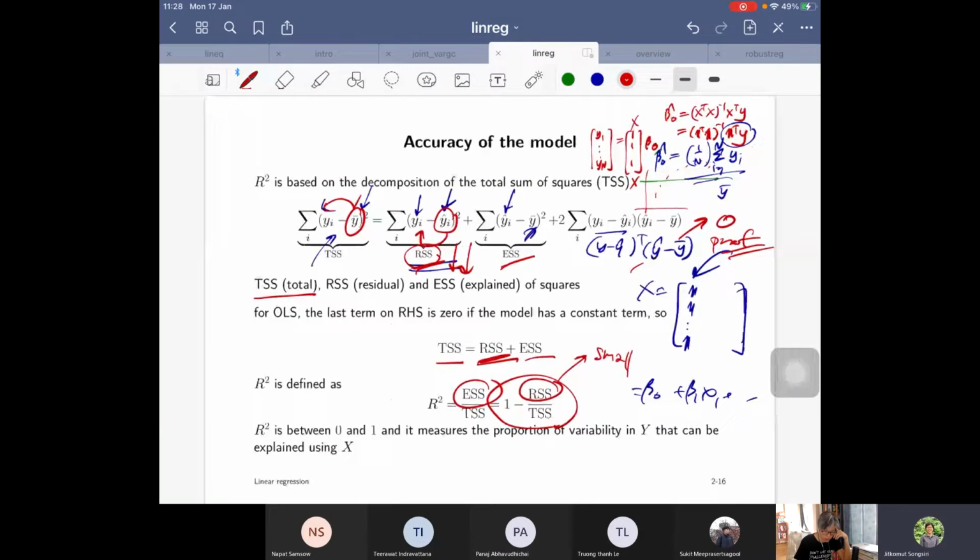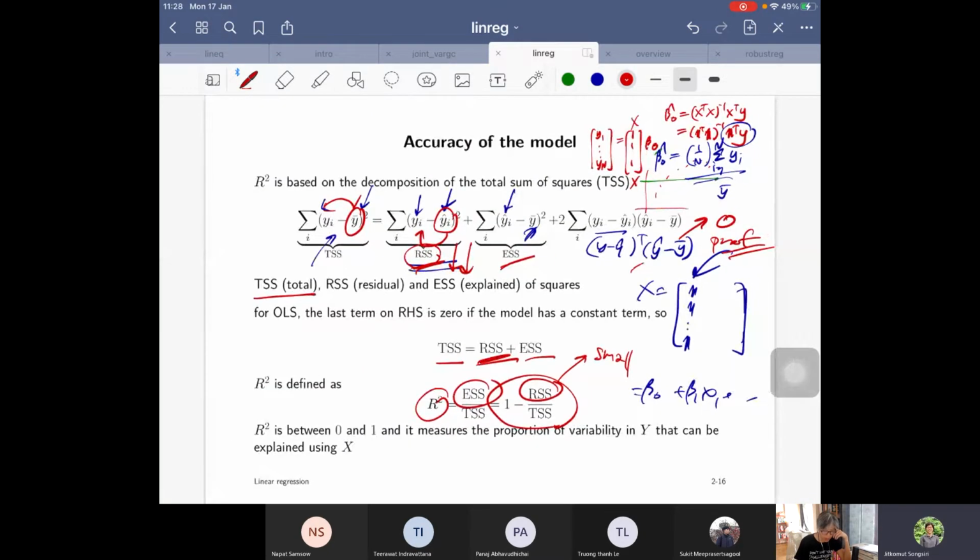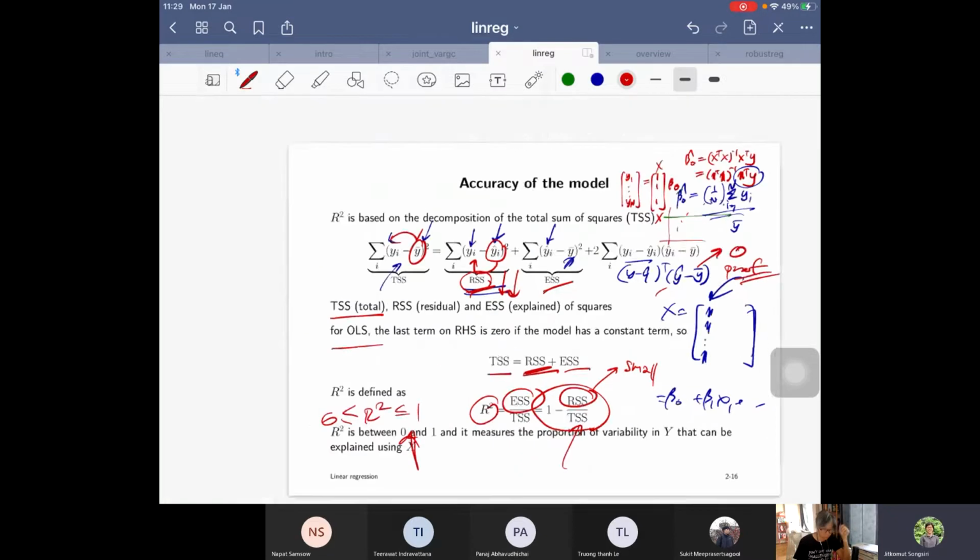So that's why for the indicator R square, the larger the better, and we can prove that with this assumption, the R square is between 0 and 1. Again, this is a mathematical proof here. So it's basically the proportion of the actual y that can be explained by your model.